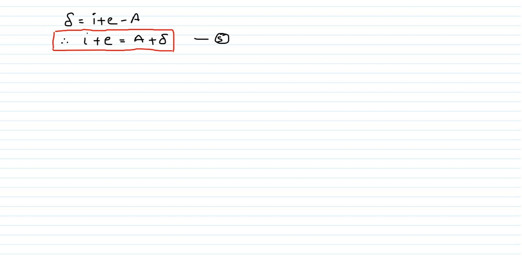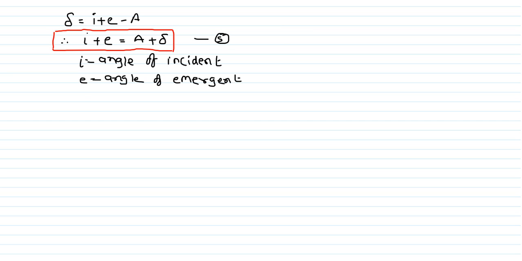Here I is the angle of incidence, E is the angle of emergence, A is the angle of prism and delta is the angle of deviation.